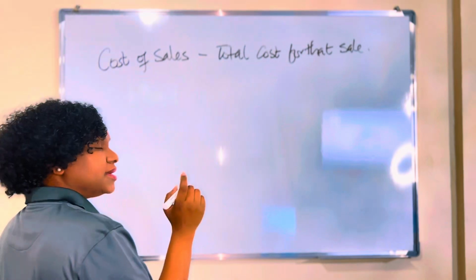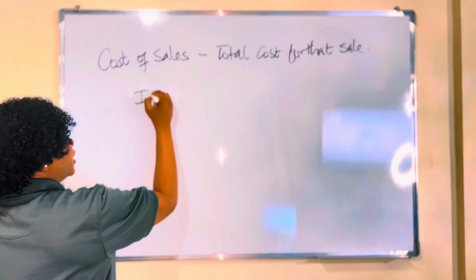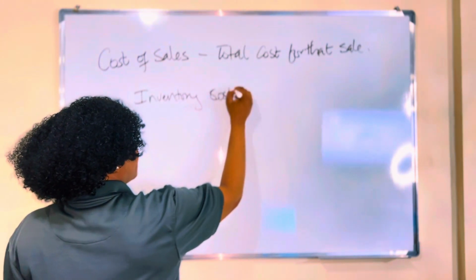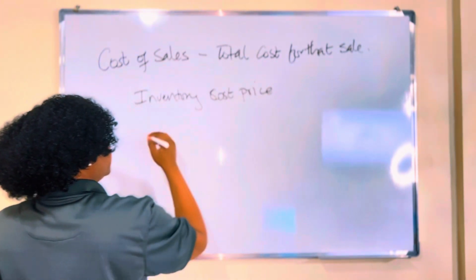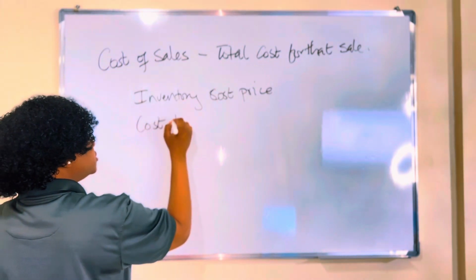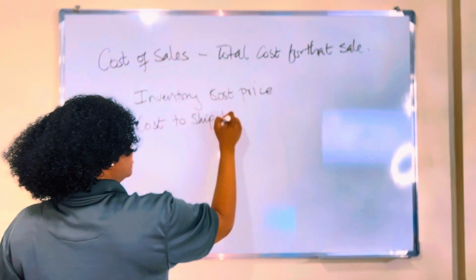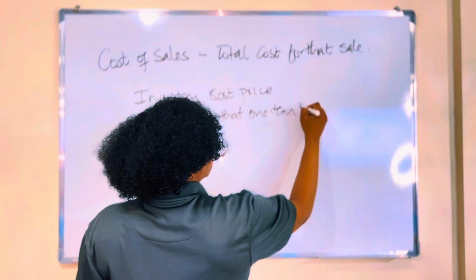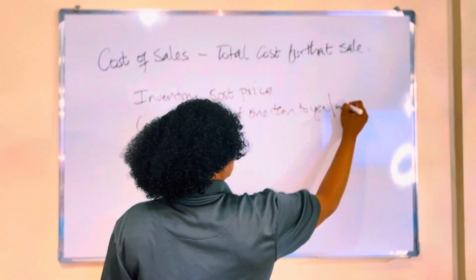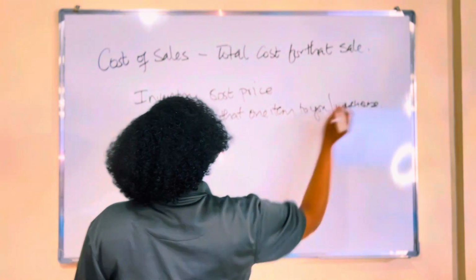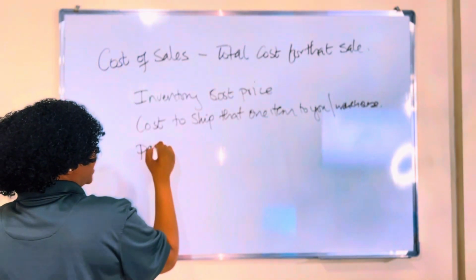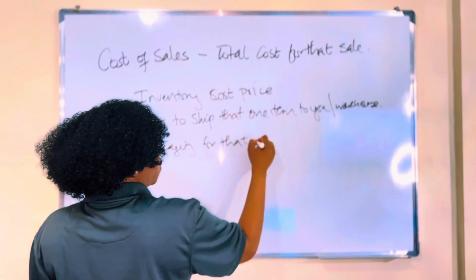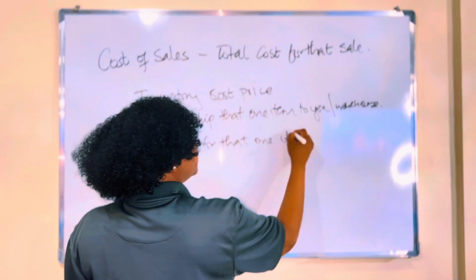So it will take into account inventory, selling cost price, cost to ship that one item to you or your warehouse, and the packaging for that one item.